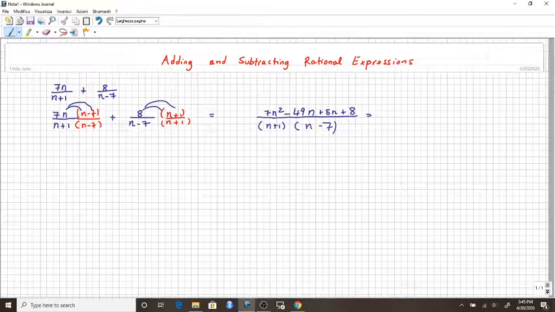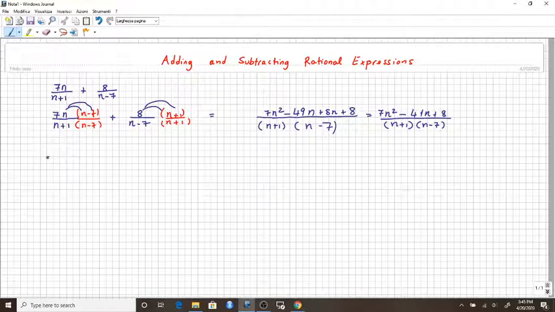So now we end up with 7n squared, and then -49n plus 8n is going to add up to -41n, and then plus 8, and all of this is divided by n plus 1 times n minus 7. That's the sum of the two rational expressions.